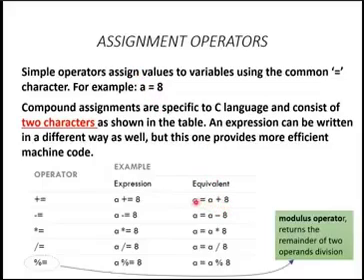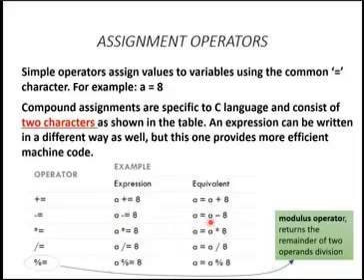Other types of assignment operator you can see from this table. This is the operator and their function. Normally for plus equal to, the expression, for example, is A plus equal to 8. Referring to this example, A equal to 8.